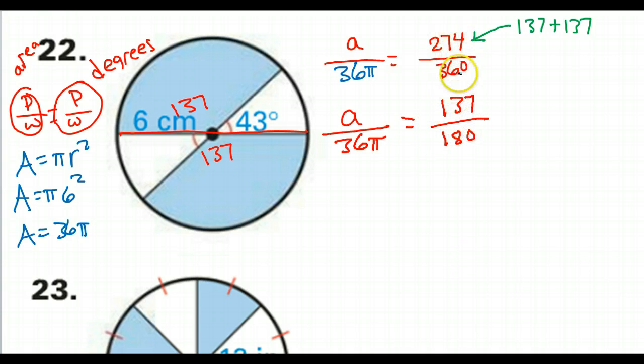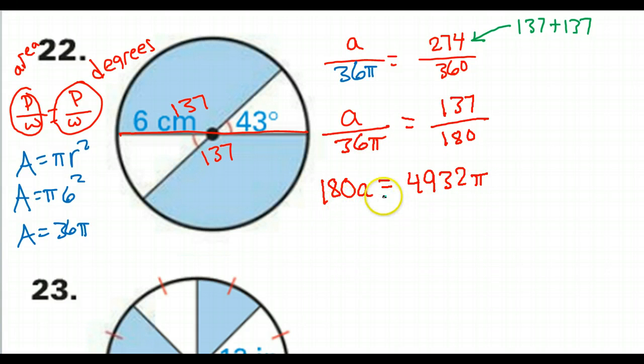Basically both of these were just divided by 2. So it's not a big improvement, but let's go ahead and cross multiply from here. So 180 times a should equal, now I have to do 137 times 36, so that is 4,932 pi. Don't forget the pi.